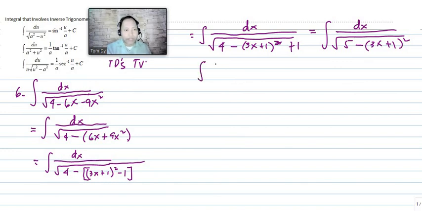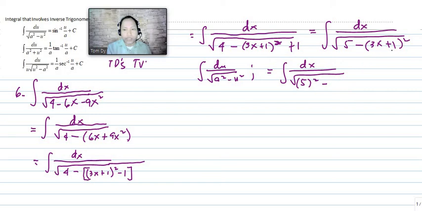Take note, I will rewrite du over square root of a squared minus u squared. So for this one, we will write it as the integral of dx over square root of, instead of writing 5, I will write here 5 squared minus this one, 3x plus 1 squared. Now, if we use this formula again, we have to check our u.